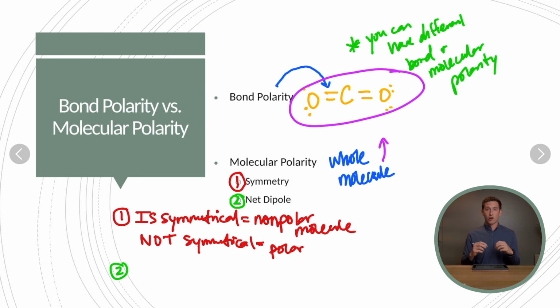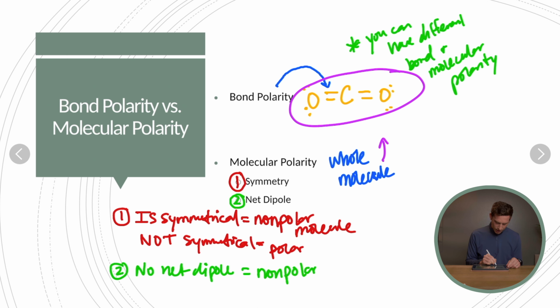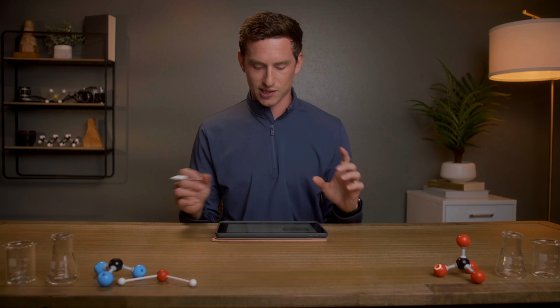If there is no net dipole, then it's nonpolar covalent. So no net dipole means nonpolar, and if there is a net dipole, then it is considered polar.